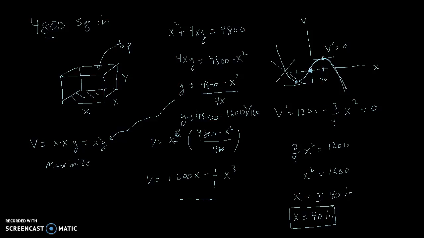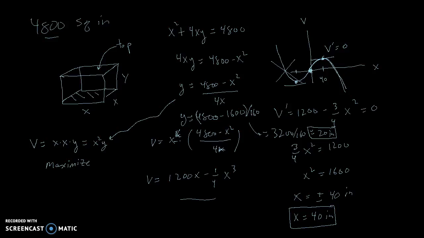So we're running out of room here, but let's just put that right here. The y equals 3200 divided by 160. And 32 divided by 16 is 2. And one of the zeros will cancel, so we'll get 20 inches. So the y should be 20 inches.